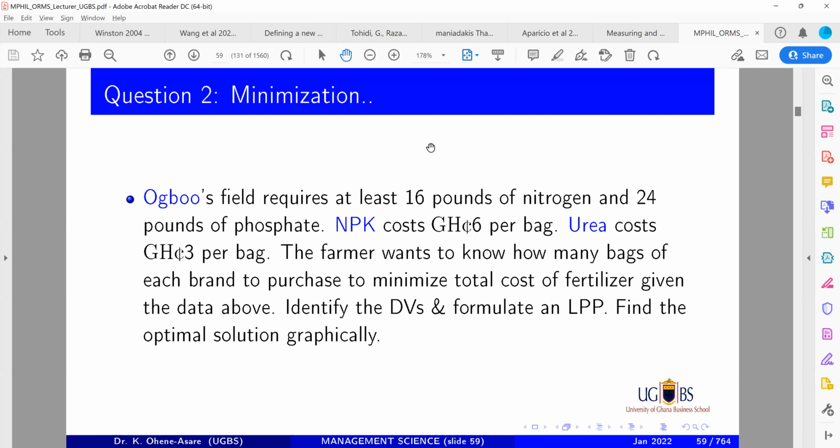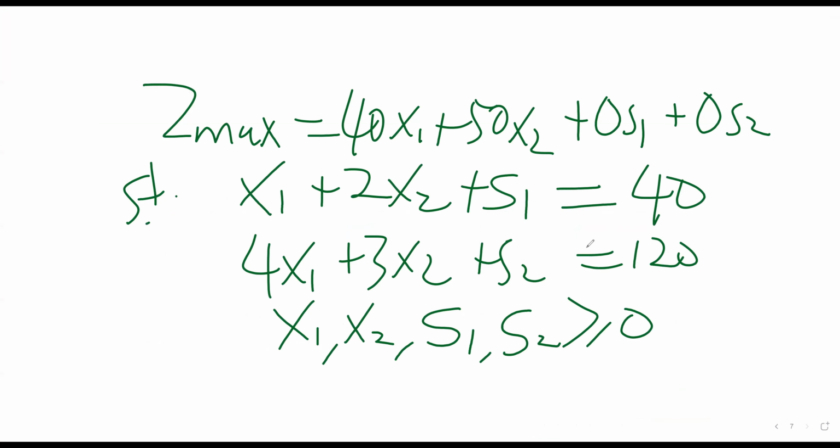So if you are writing the decision variable and giving a proper labeling or naming for it, you will say, let X1 be what? The one who was reading it was using bags, so don't forget that it's in bags. So X1, yes, Steven.